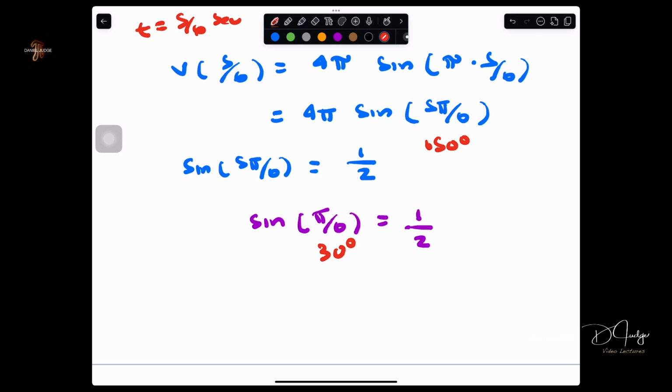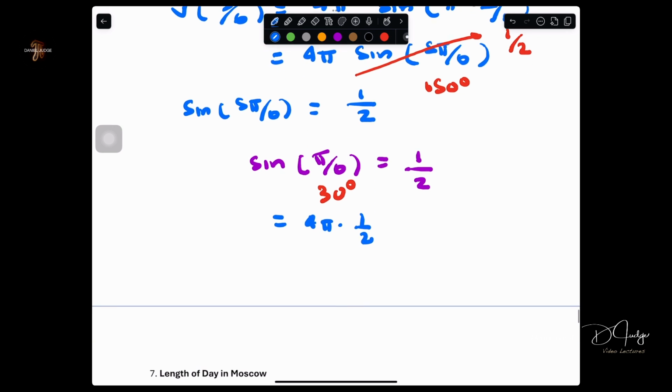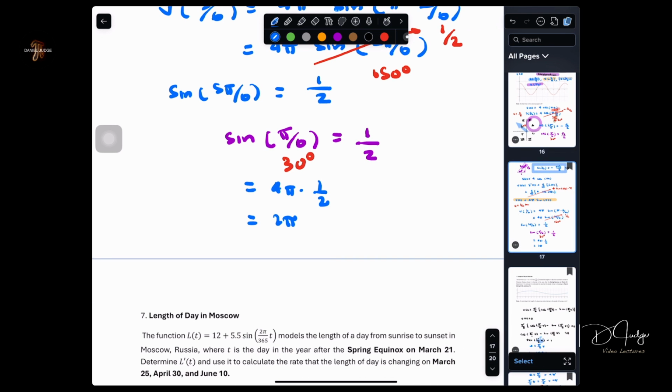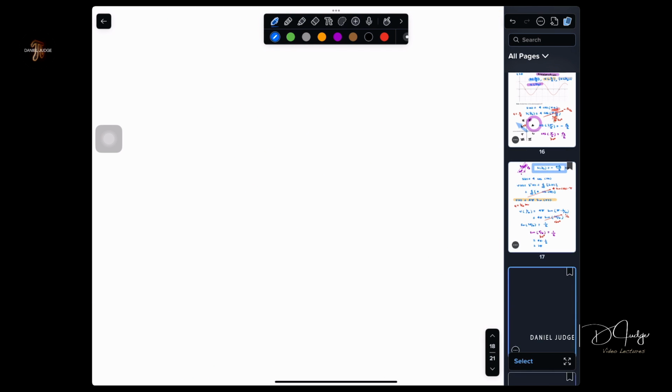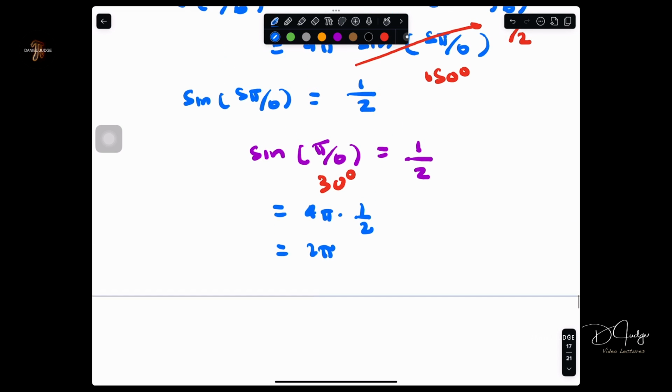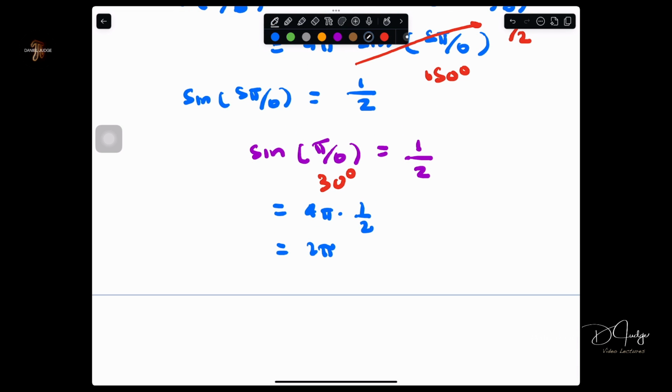So we can replace this here with 1/2. And we now get 4 pi times 1/2, which is actually just 2 pi. This is velocity, so I believe it's in centimeters, right? Centimeters per second. So that's v of 5 pi over 6.